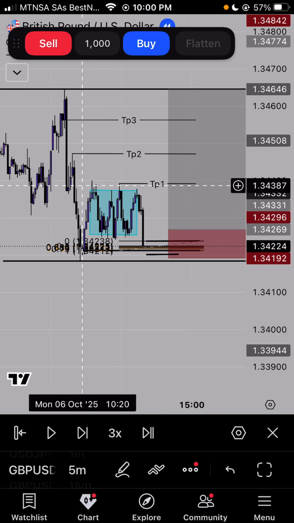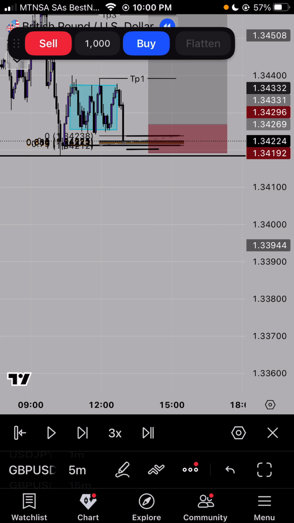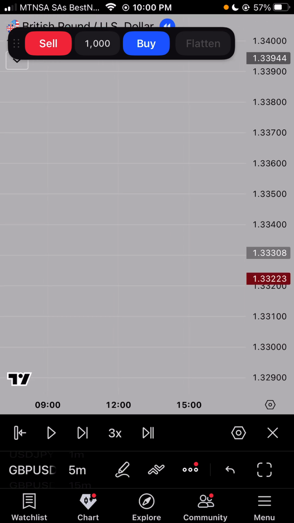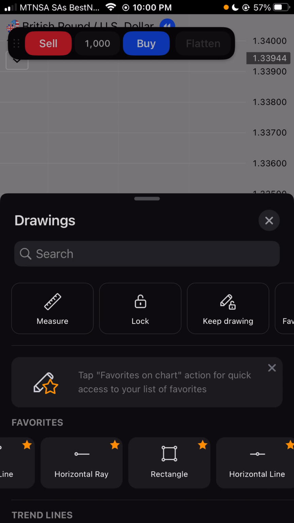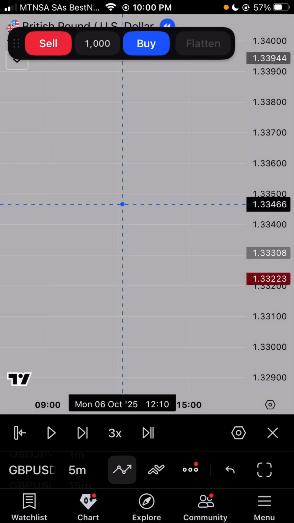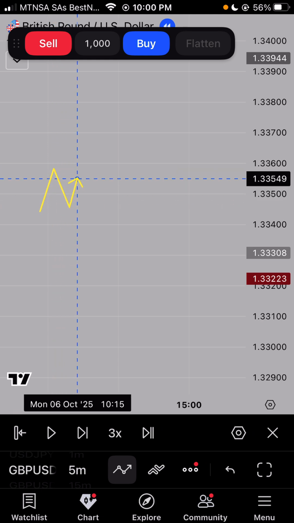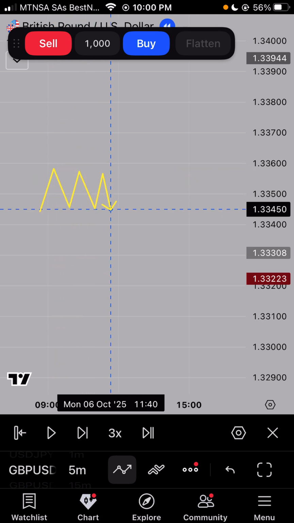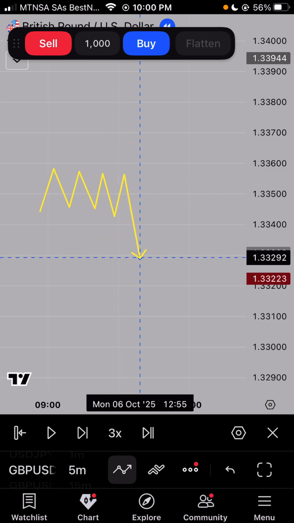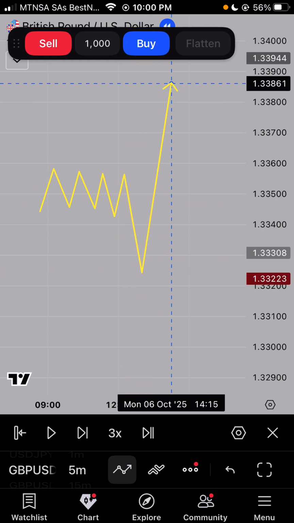So when you trade CRT, majority of the times you will see moves like this happen on a smaller time frame. You see AMD, which is accumulation, manipulation and distribution.